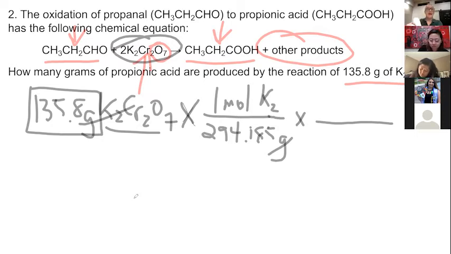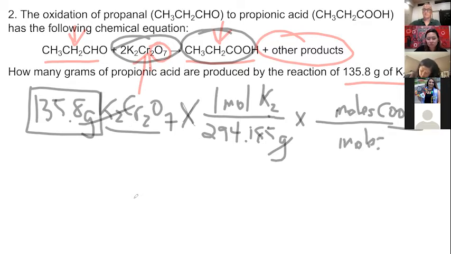Because I'm being asked how many grams of this am I going to make? So it's moles of acid over moles of the potassium salt. What's my ratio of moles of the acid over moles of the potassium salt?